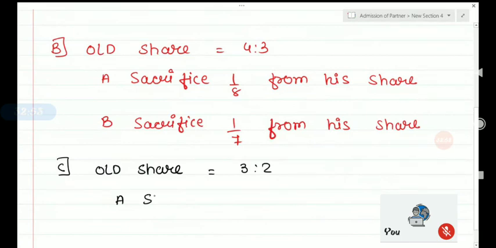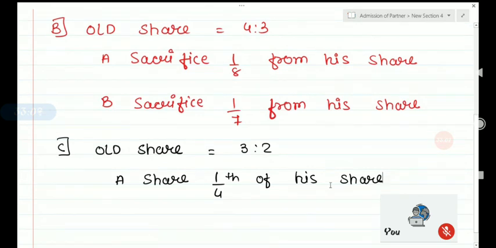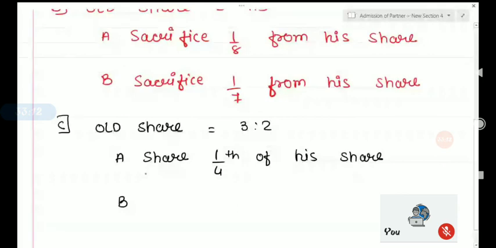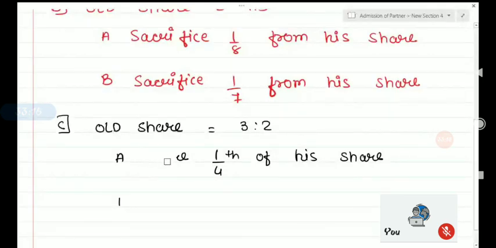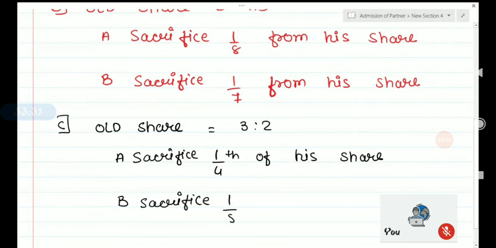A sacrifices 1/4 of his share and B sacrifices 1/8 from his share.